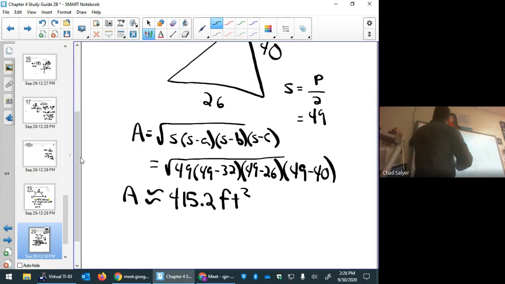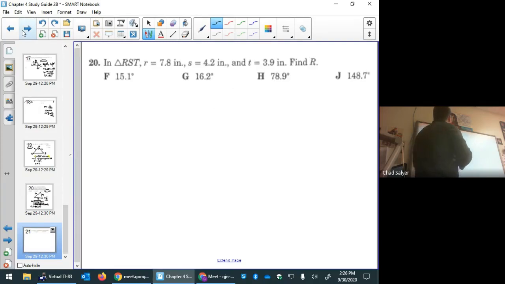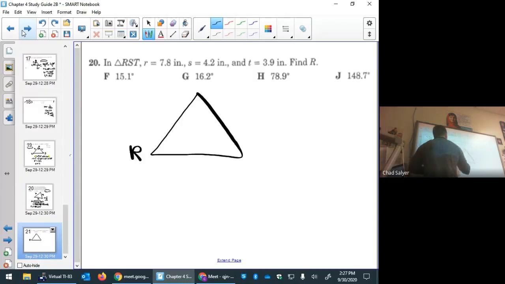Okay, one left, gang. So in triangle RST, R is 7.8. S is 4.2. And T is 3.9.